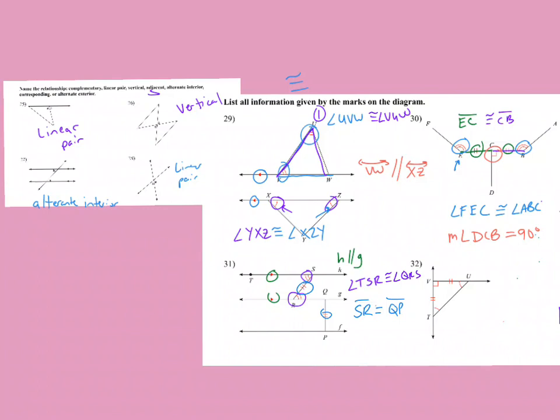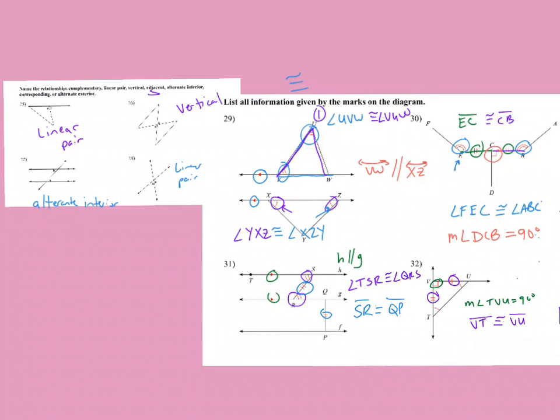32. So I'm going to start off with the first thing I see, that right angle. So I'm going to say the measurement of angle TVU equals 90 degrees. All right. I also see congruent symbols for segments. So I'm going to say VT is congruent to VU.